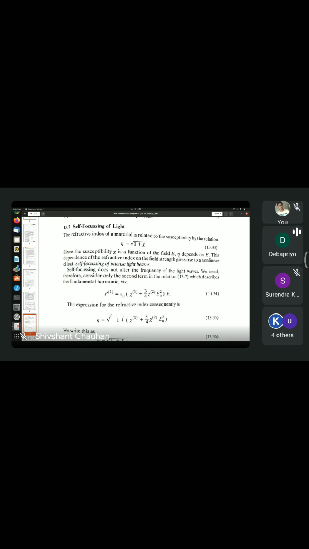But if the intensity of the beam is high, then the chi that appears in the expression for refractive index is actually chi 1 plus 3 by 4 chi 3. Just a second, notation. This should be chi 3. Okay.